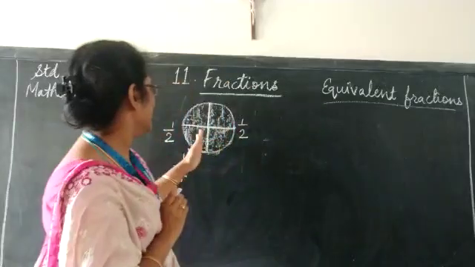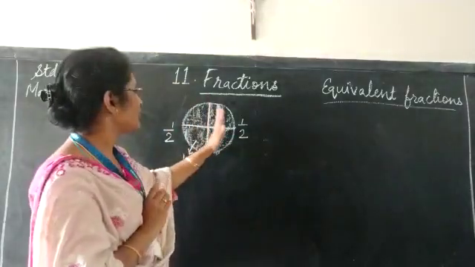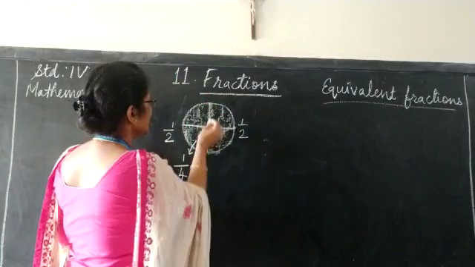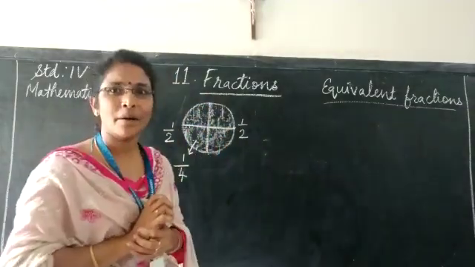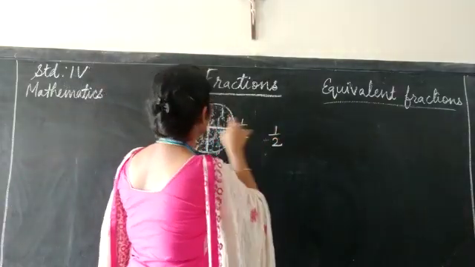You can see here, first I divided this figure into two parts, and each part was equal. This was one part and this was another part. Means we had the fraction 1 by 2 in each.